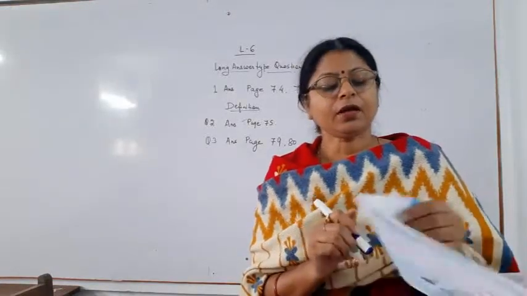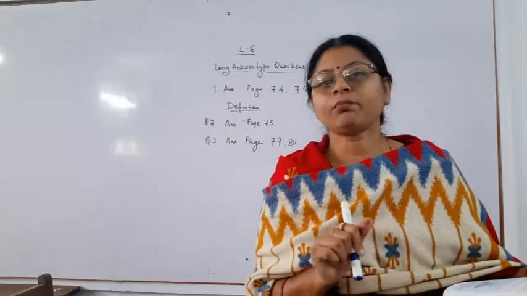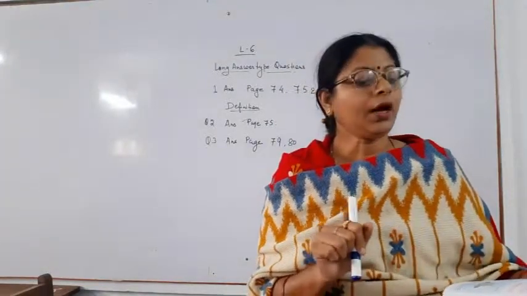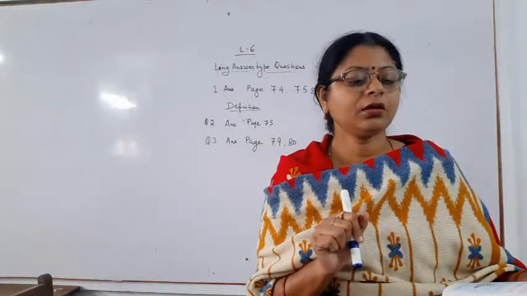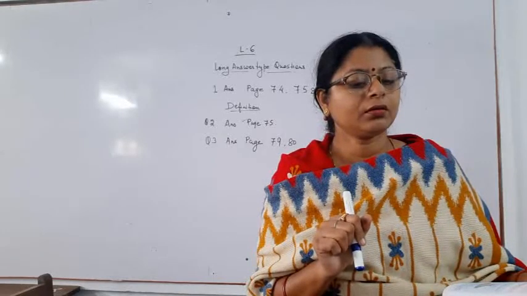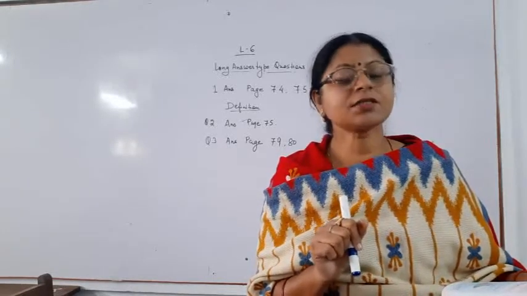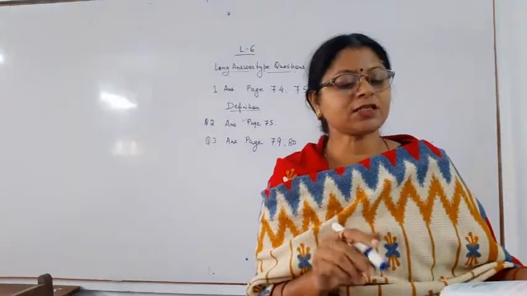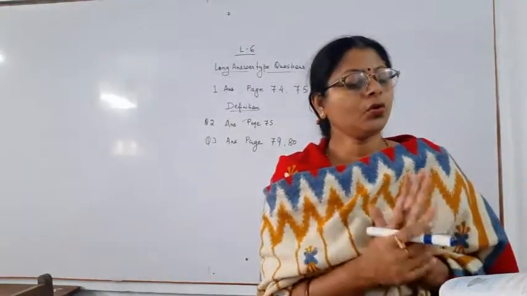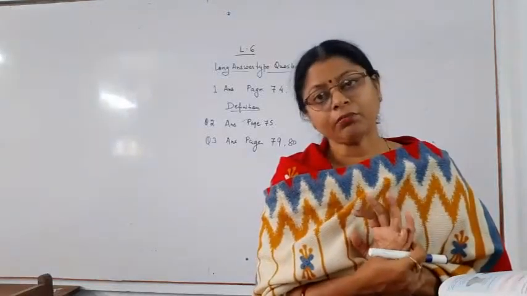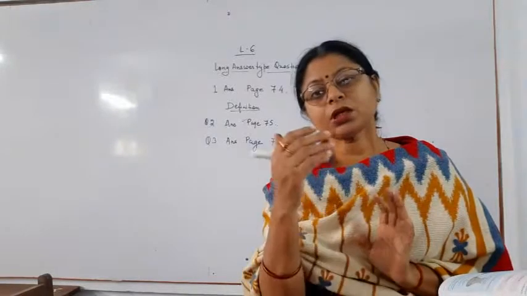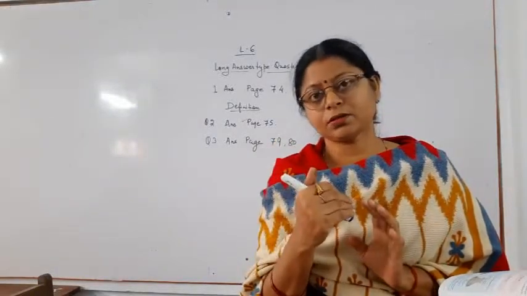Next is the activity in page number 80. There you write down Activity 2. In this activity it is shown that acid-base reaction is exothermic in nature. So in this also you write down aim, material required, then procedure, and the procedure is given in two parts.